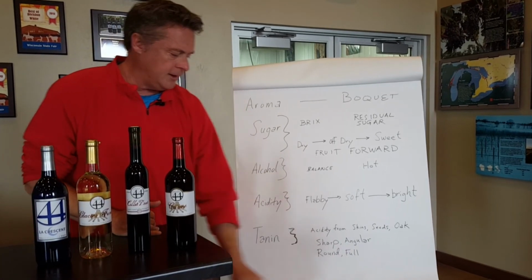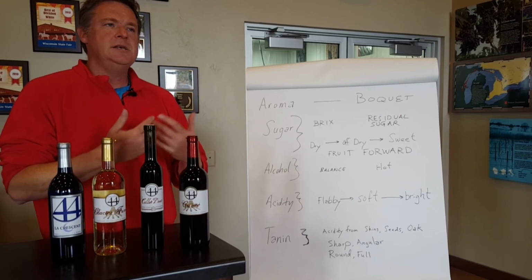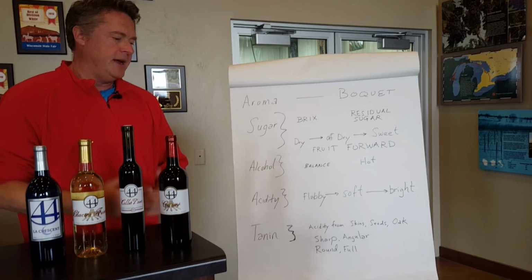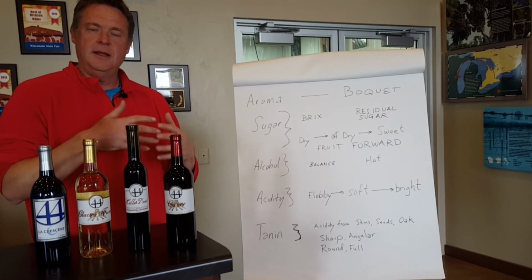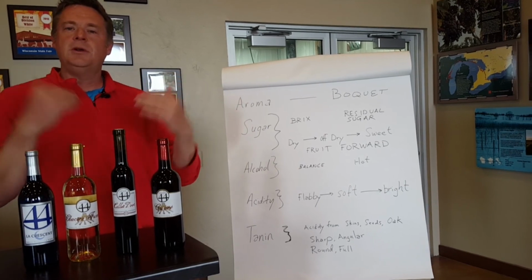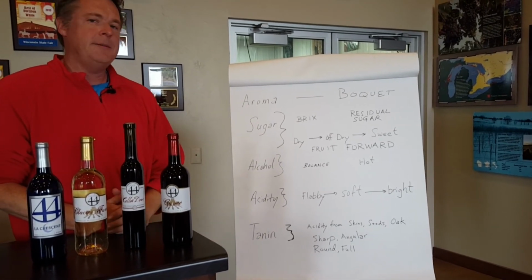And round and full kind of references the tannins that develop over time in a barrel or in a bottle as they link together. They're like little polymers that link together, and the longer the chain of the tannin, the smoother you experience it on your palate. Those are the terms you commonly see.